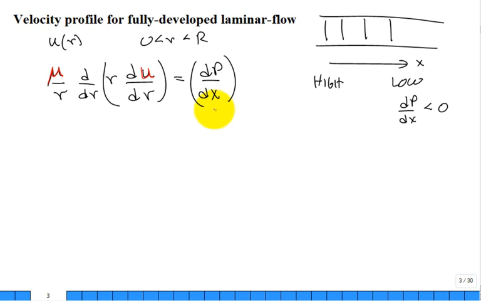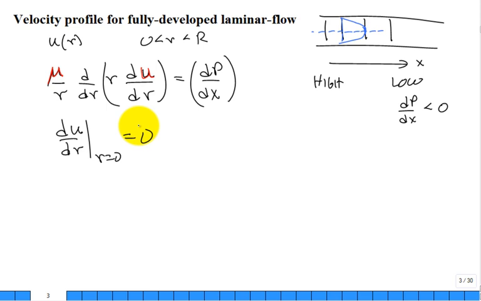What would be our boundary condition? When the velocity profile is fully developed, at the center line where R is equal to 0, it can't have any slope. So du dr at R equal to 0 is 0.